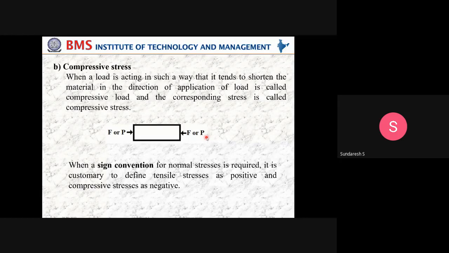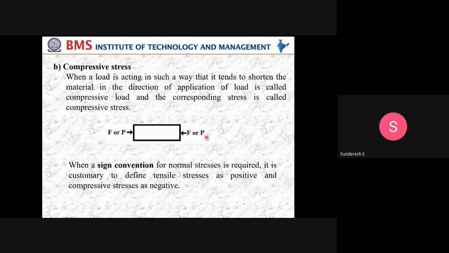Now, in order to differentiate whether the member is subjected to compressive stress or tensile stress, we have a common practice of using a sign convention. For normal stresses, we always take tensile stresses as positive and compressive stresses as negative. Please remember this.